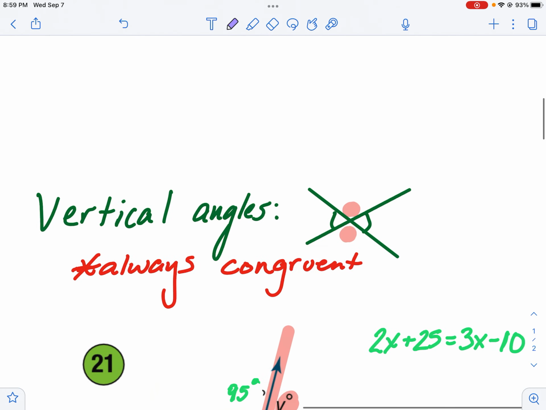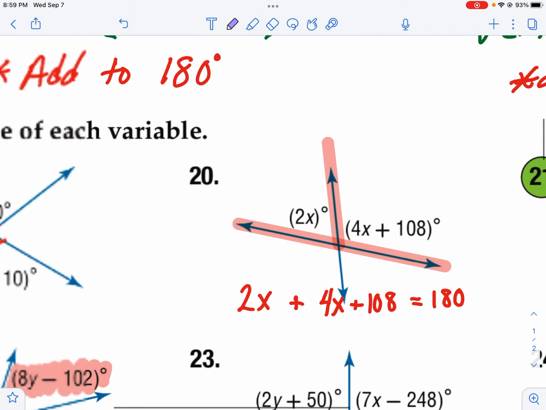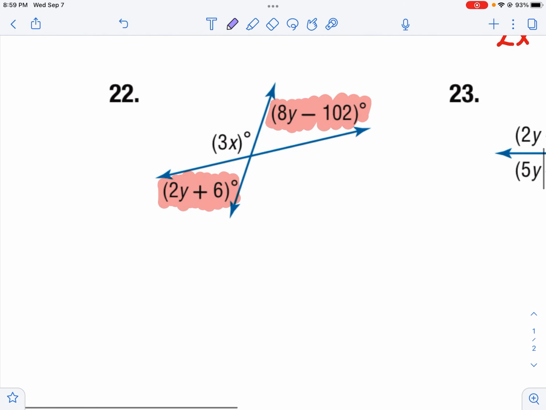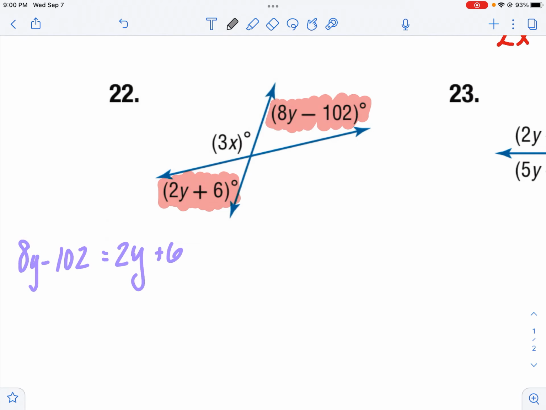Let me check my definitions one more time. If they're vertical, they're across from each other, they are always congruent, which means that 8y minus 102 has to be equal to 2y plus 6. Every single time. And now when I solve for y, 6y is 108.